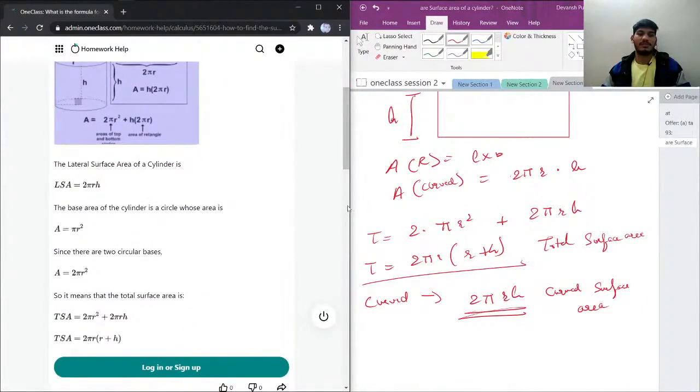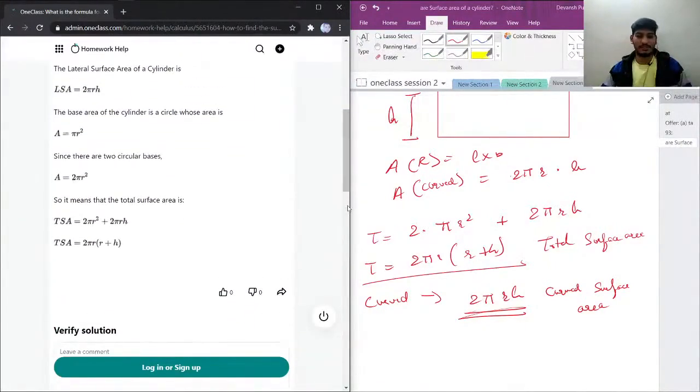Or we can also call this curved surface area the lateral surface area. Whatever term you like, the basic concept is clear.